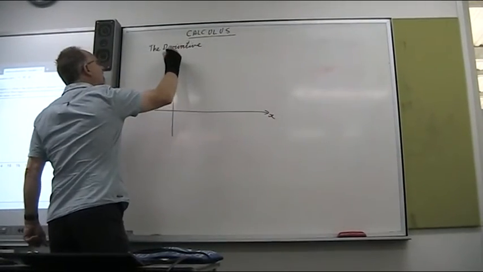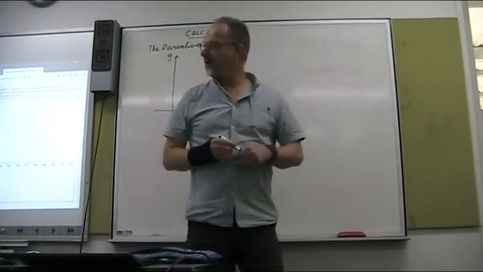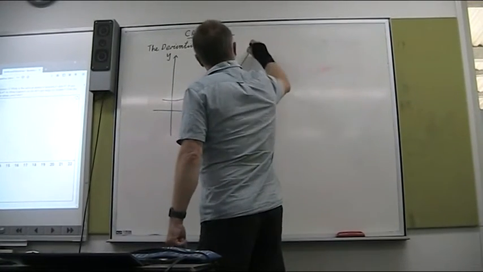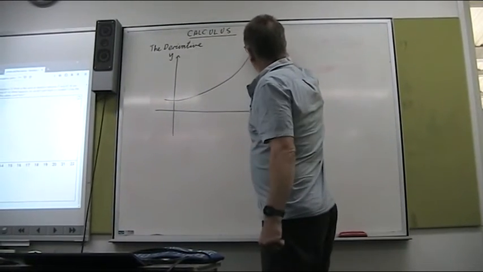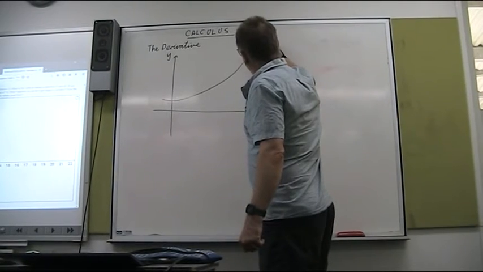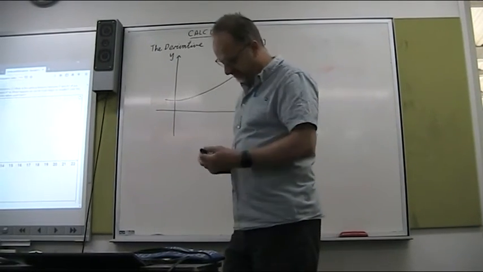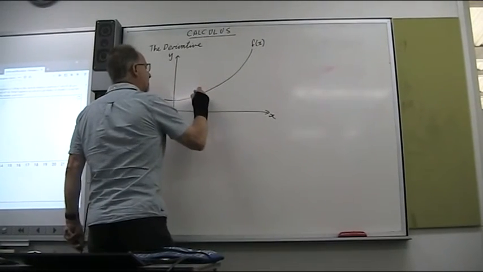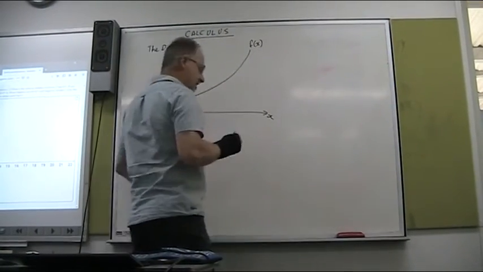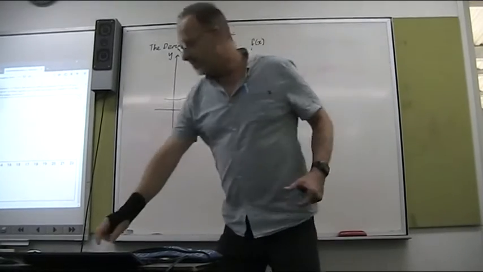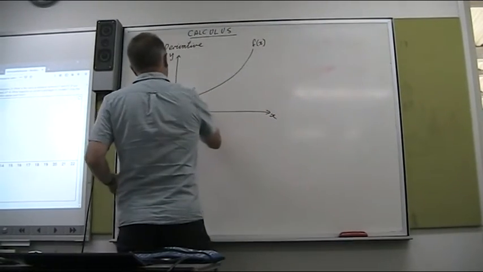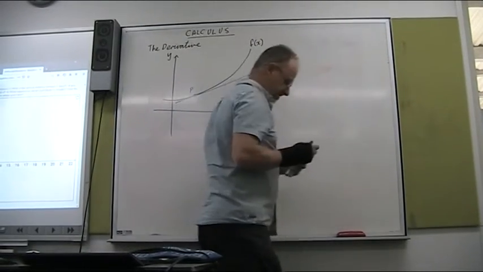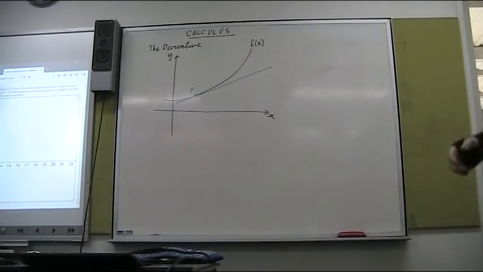If we have a graph of some sort, a line which is curved, the function f of x, and we have a point on that line, this point here, we'll call it point P, and we want to know what is the gradient of that curve at that point.